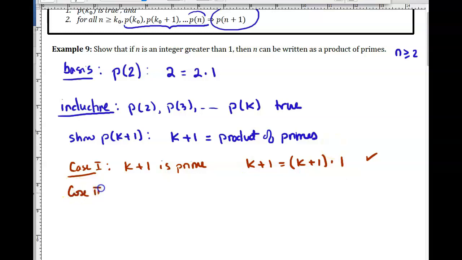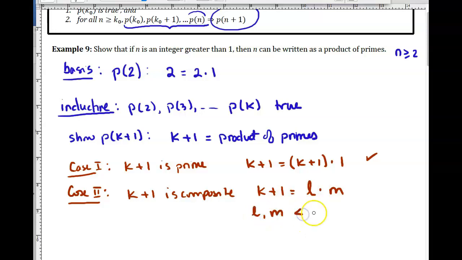Case 2 is k+1 is not prime. k+1 is composite. If k+1 is composite, then k+1 can be written as a product of 2 integers, L times M. And what I know is that both L and M are going to be less than k+1.